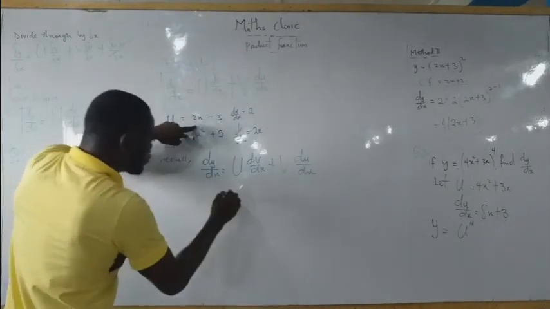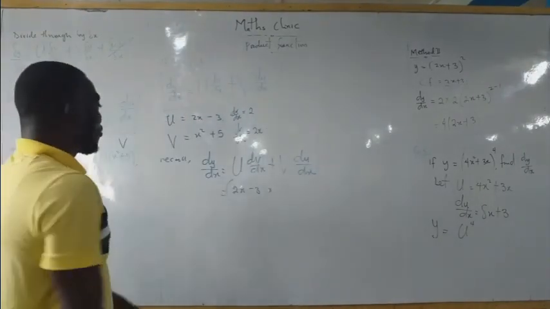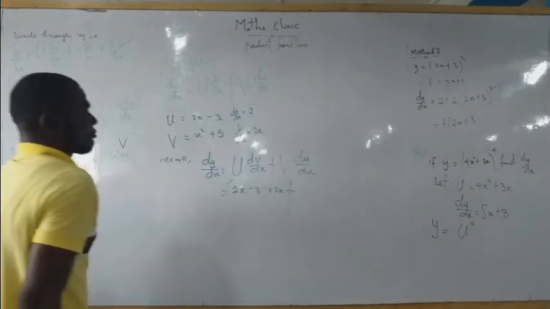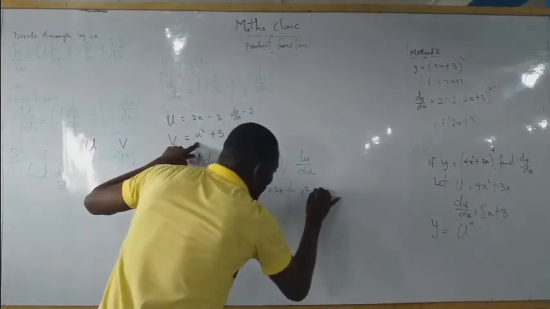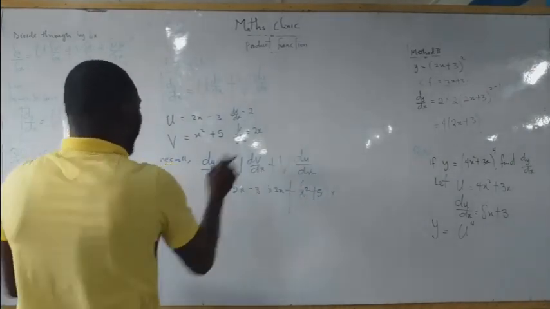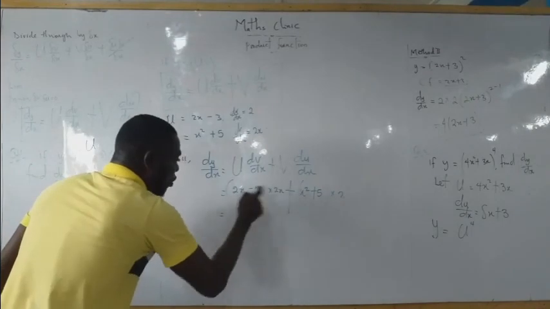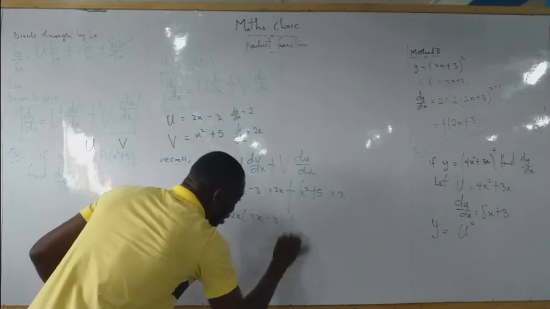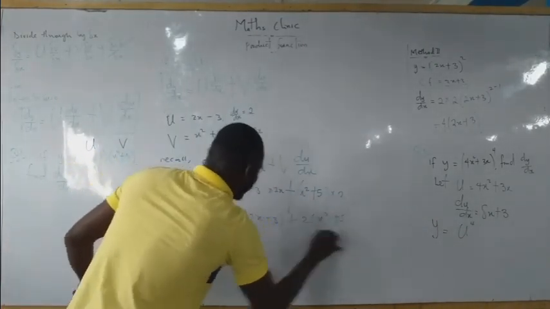The value of u is 2x minus 3, times dv/dx. dv/dx is 2x, plus v, which is x raised to the power 2 plus 5, times du/dx. du/dx is 2. That gives you 2x into bracket 2x minus 3 plus 2 into bracket x squared plus 5.